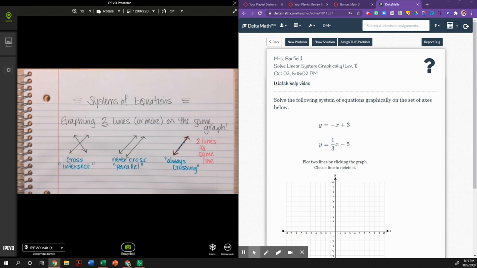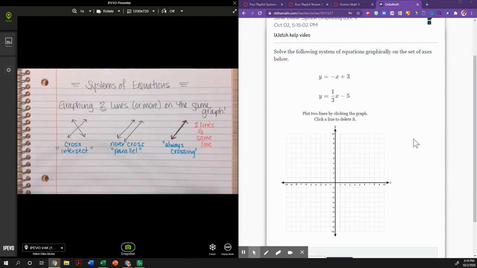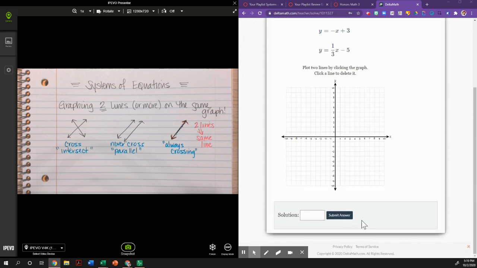So what does that mean for solutions? If you're looking at Delta Math, down at the bottom it says solution. What does that mean in terms of the pictures I draw?